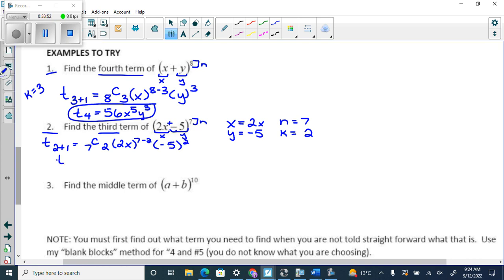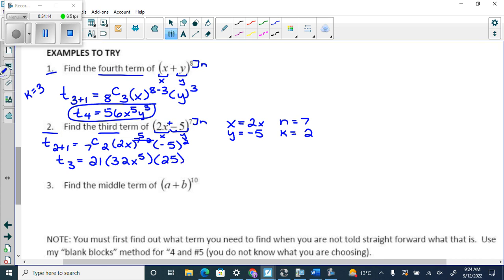So I get term 3 equals, what's 7C2? 21. And this is to the 5. What's 2 to the 5? 32. 2x to the 5. And then negative 5 squared is 25.